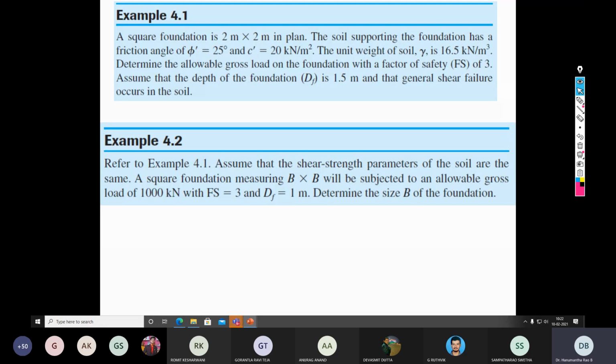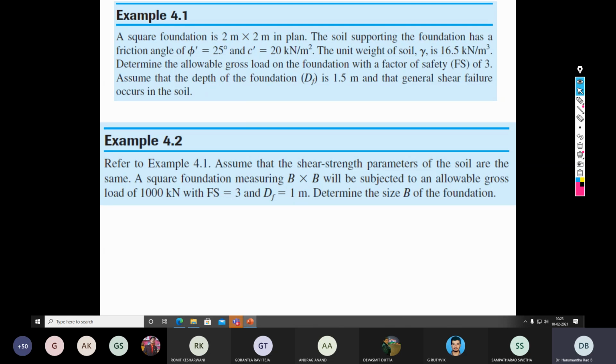Did you understand the difference between general shear and local shear? Okay. I will also take another example on local shear just to avoid confusion. Note down this sum. Refer to example 4.1 above. The shear strength parameters are the same, but here the allowable gross load on the footing is 1000 kilonewton.